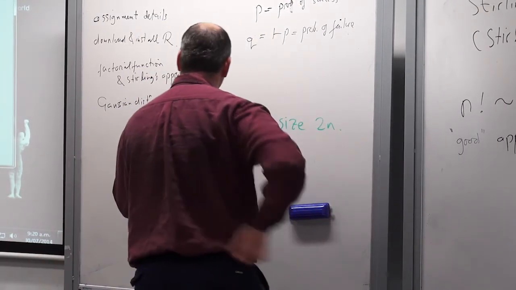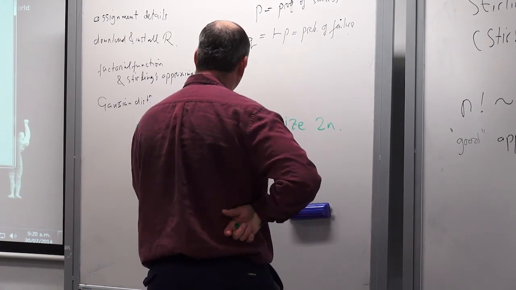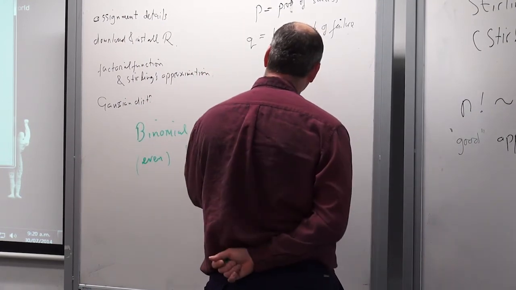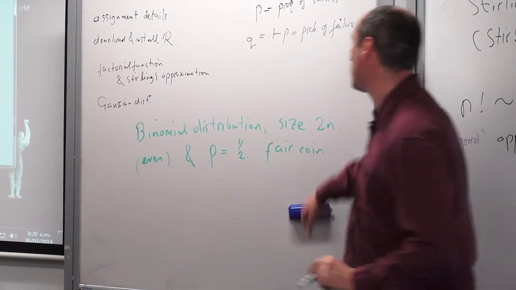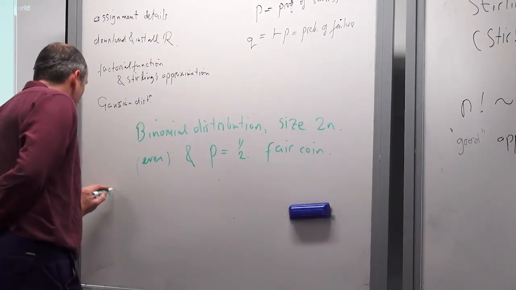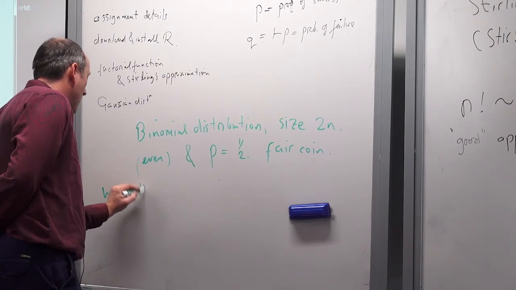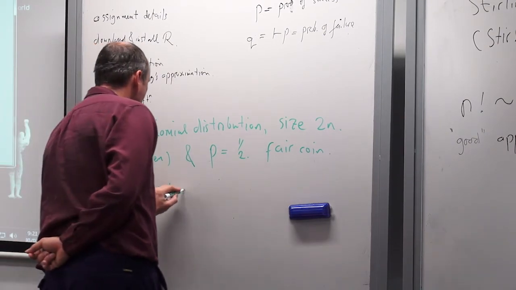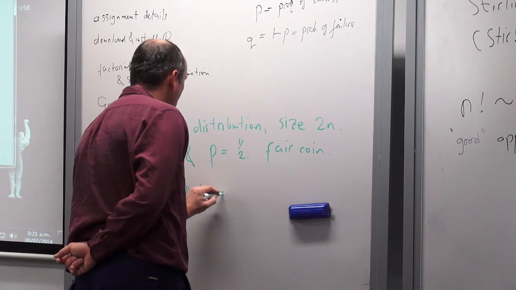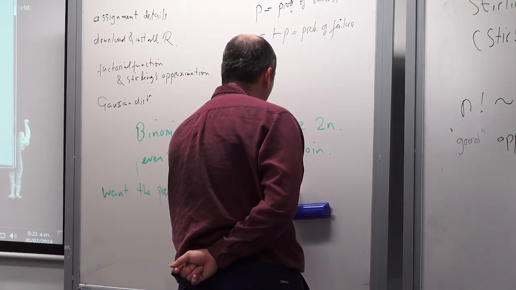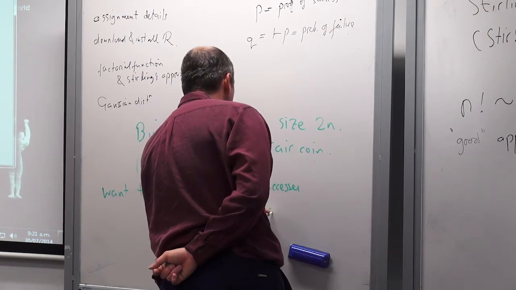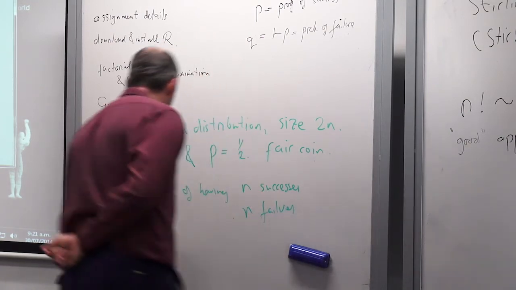And the probability of success, p equals 1/2. So it's a fair coin. And we're going to toss that coin an even number of times. And I want the probability of having n successes and n failures. An even split.